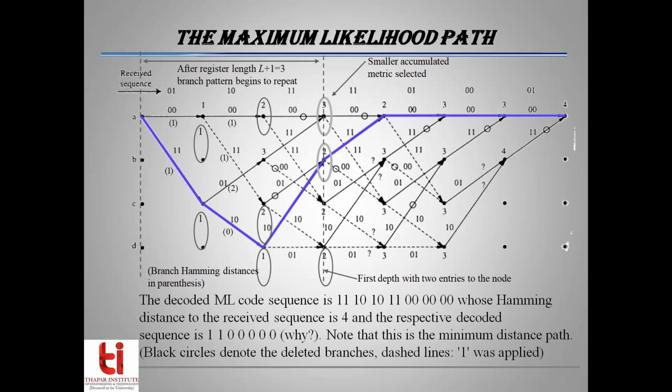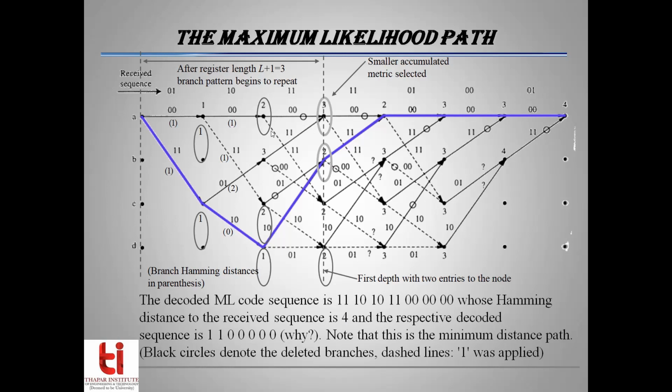Why is this the decoded sequence? Because the Hamming distance corresponding to the received sequence is 4 and the respective decoded sequence is this particular thing. This is the minimum distance path. The black circles denote the deleted branches, and a dashed line indicates that a 1 was applied. A solid line indicates that a 0 was applied.